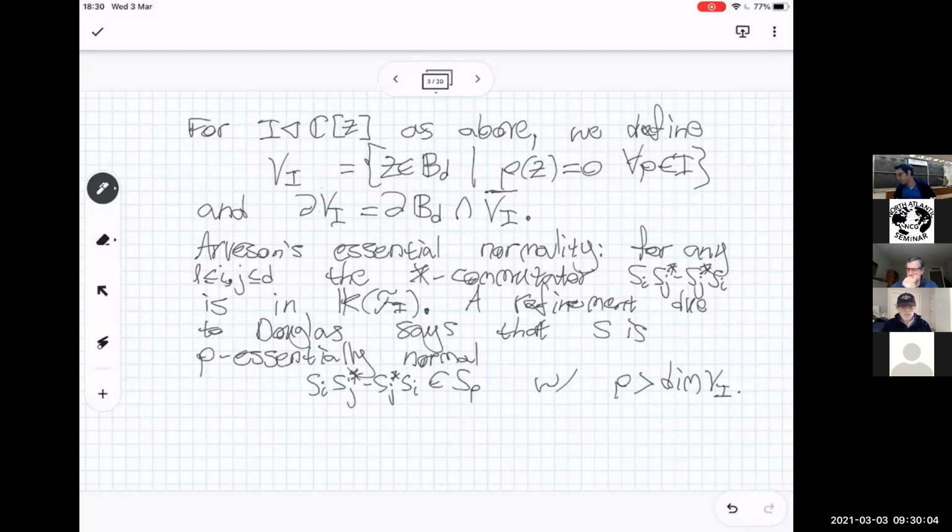Okay. So let's talk about some known results for when this essential normality has been established, and then maybe we will say some reason for why this is interesting from the point of view of geometry.